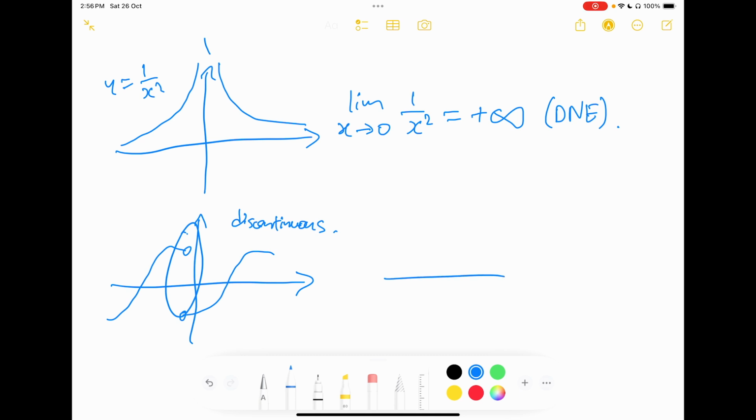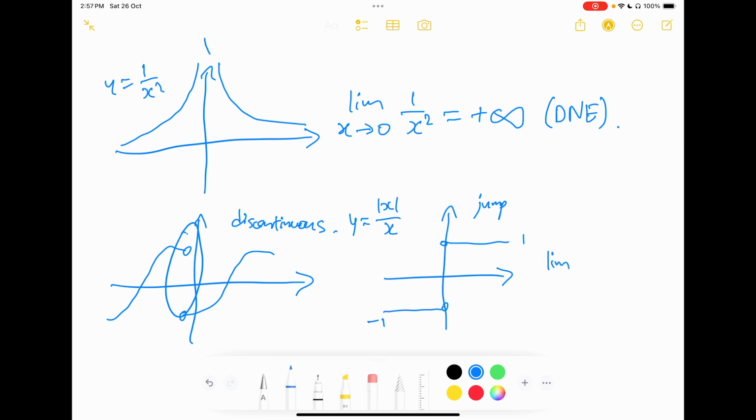And jump discontinuities do occur in more definite functions. For example, y equals modulus x over x. At the negative values it is -1, and at the positive values it is +1. Because of that, there's a sort of jump discontinuity at 0.